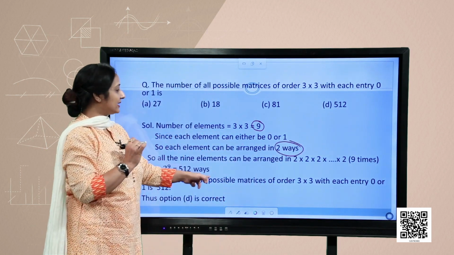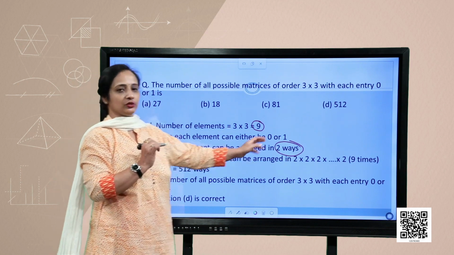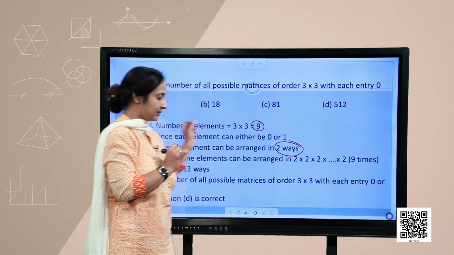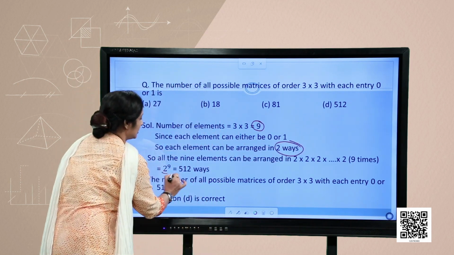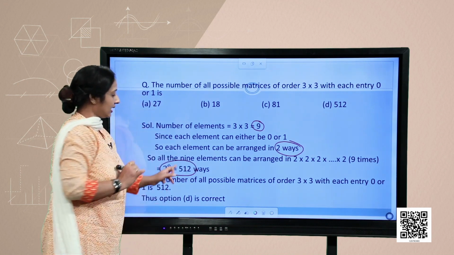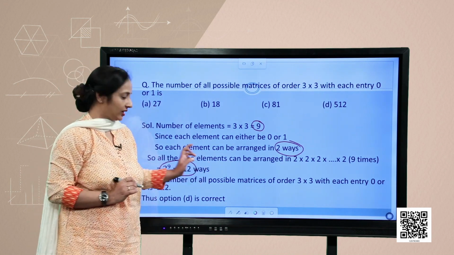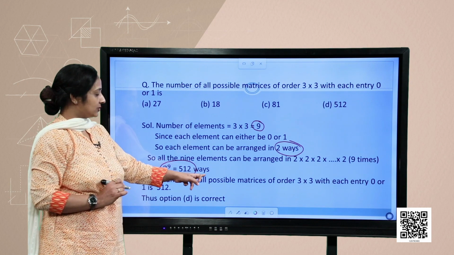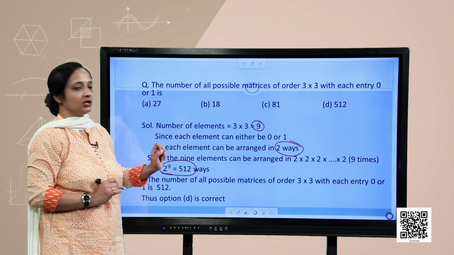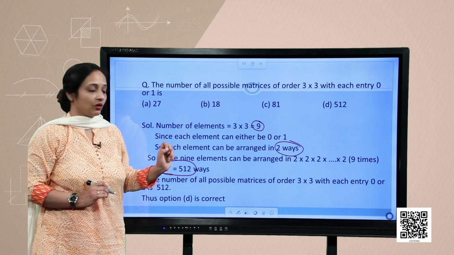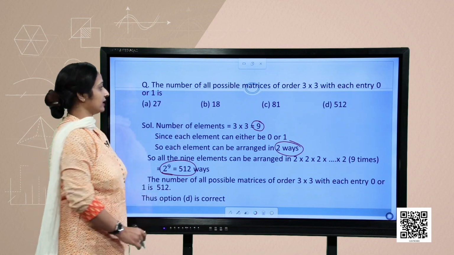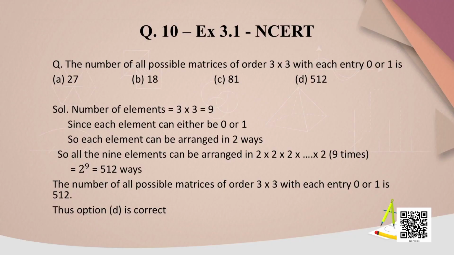So all the 9 elements can be arranged in 2 into 2 into 2, that is coming 9 times. That means it is 2 raised to power 9, that is 512 ways. So the number of all possible matrices of order 3 by 3 with each entry 0 or 1 is 512. That means option D is correct.